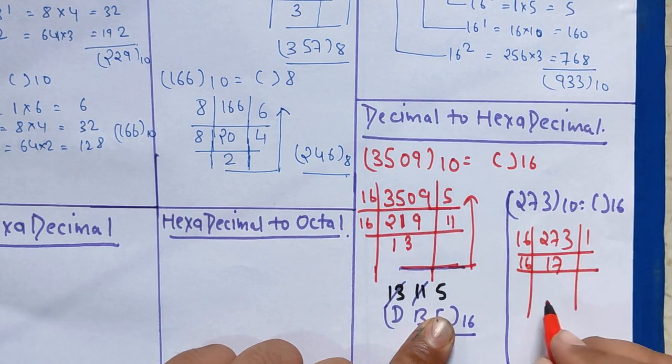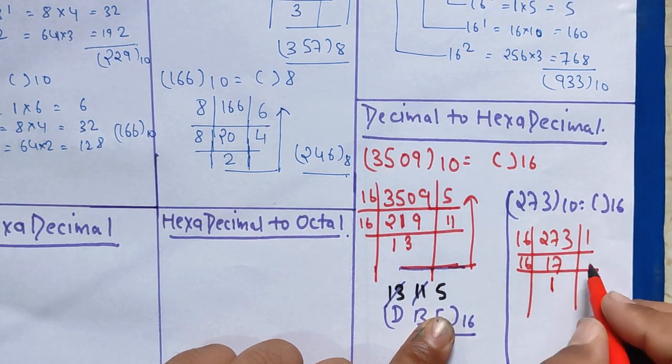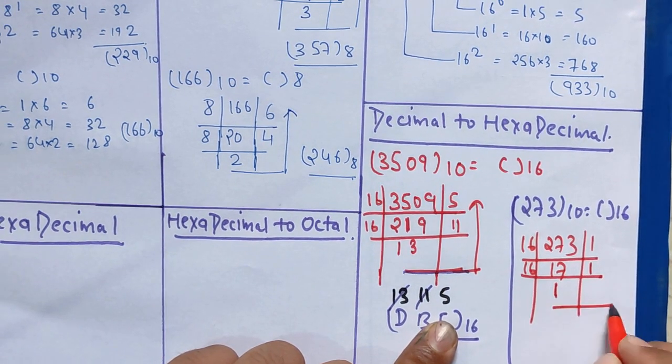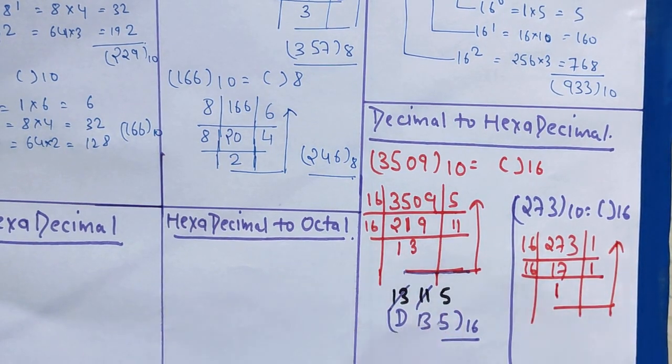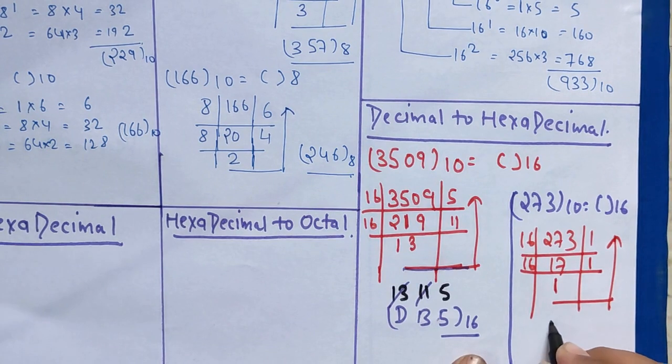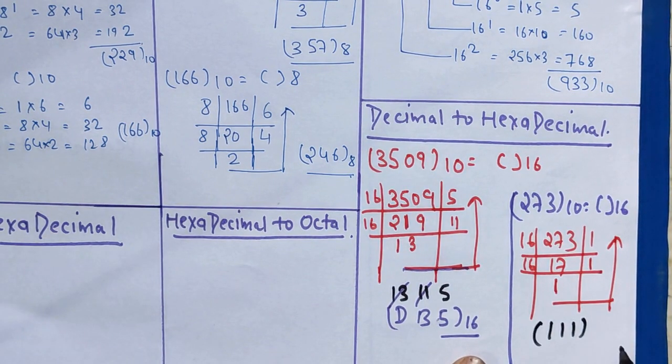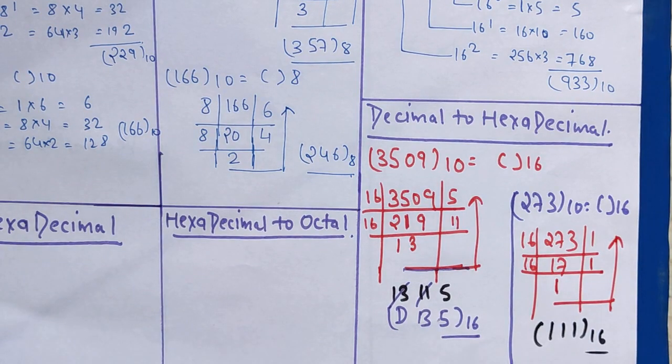Again I divide by 16, it will be divided by 1 and remainder will be 1. Again I will write from bottom to top and my answer will be 111, and it is not a binary number. Okay, if you see only 0 and 1, then it is not necessary that it will always be a binary number. Here you will see 111 and it is representing the hexadecimal number.